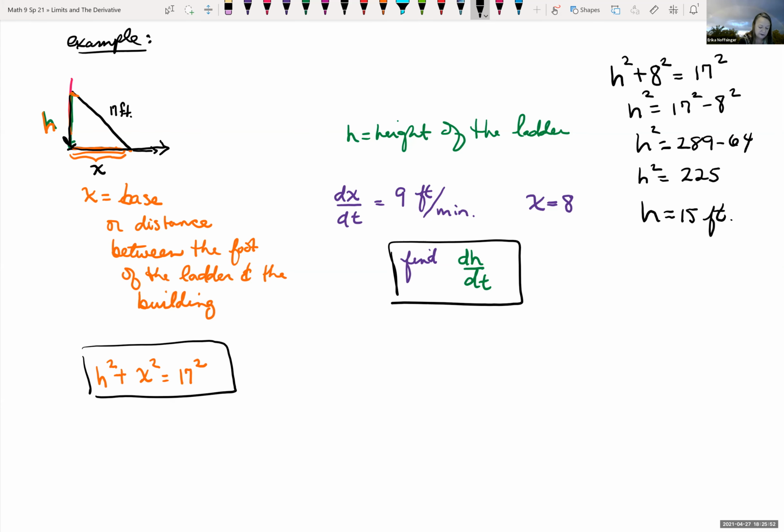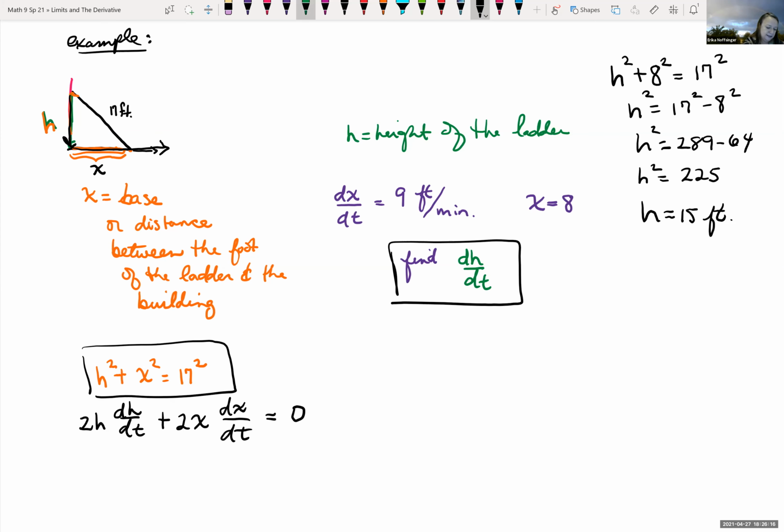So when we take the derivative of h squared, we get 2h dh/dt, plus the derivative of x squared, which is 2x dx/dt, is equal to the derivative of 17 squared, which is 0.